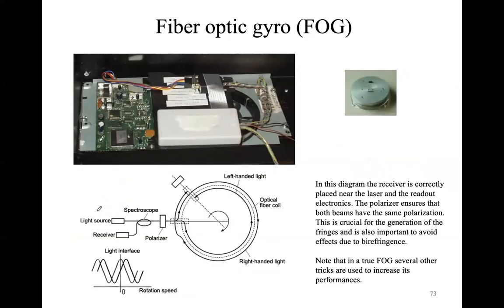As we have said for the ring laser gyroscope, you try to induce a different polarization between the beams in order to avoid the lock-in effect.